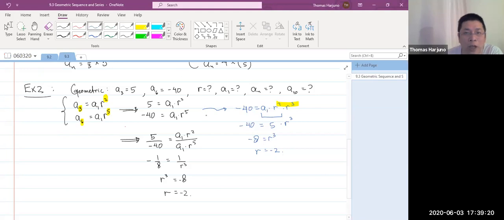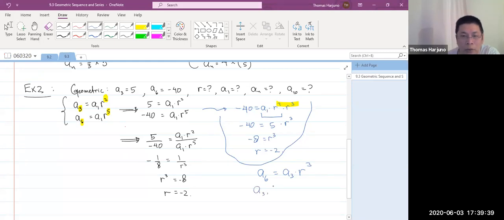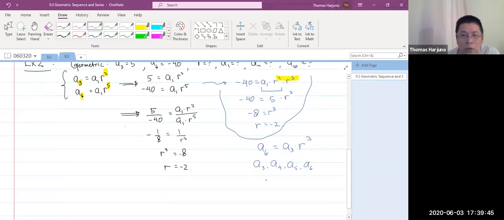But if you can actually feel it intuition-wise, then you will see that the sixth term equals the third term jumping 3 times. So from the third term, the fourth term, the fifth term, the sixth term, you need to multiply by r, by another r, by another r.